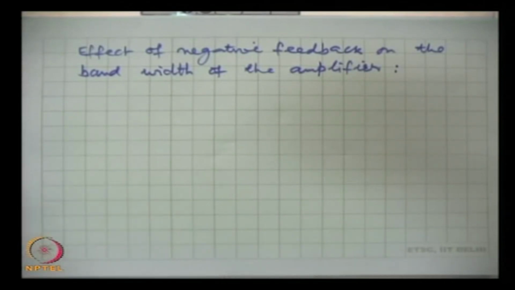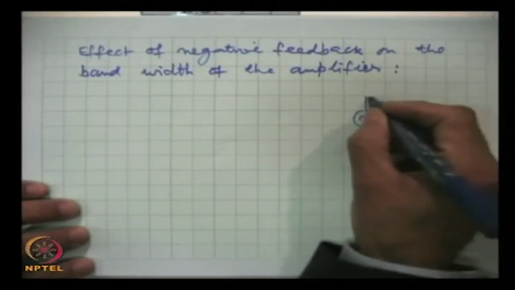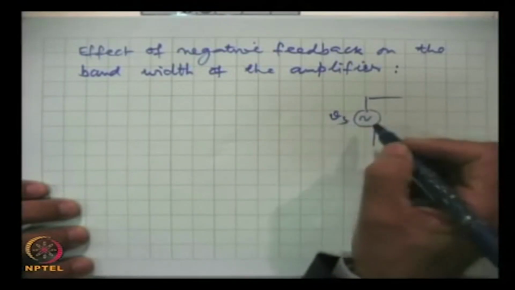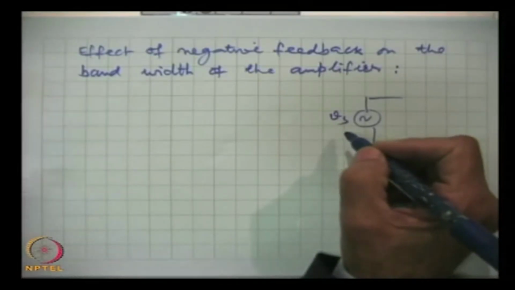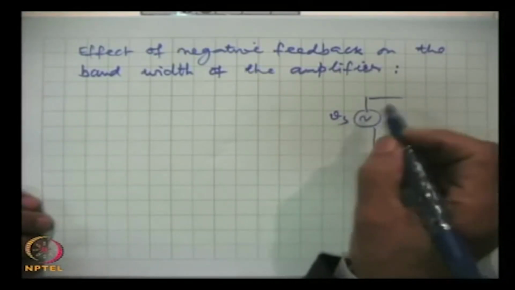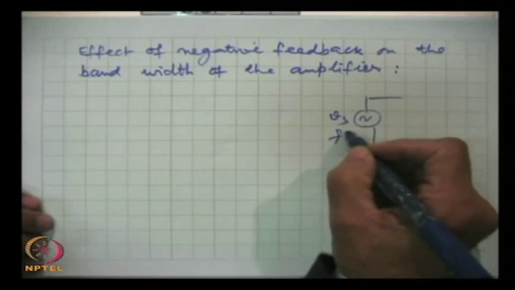In general, for any amplifier, if we plot the gain versus frequency response, meaning that here this is the input signal, and suppose for this type of experiment we keep the frequency variable.